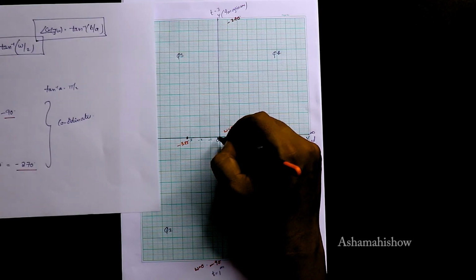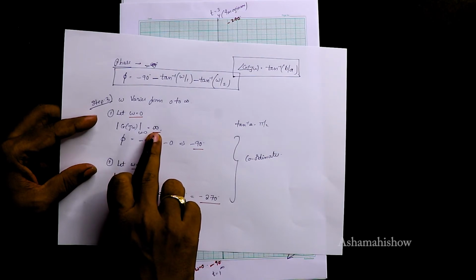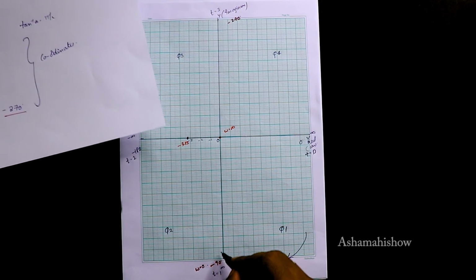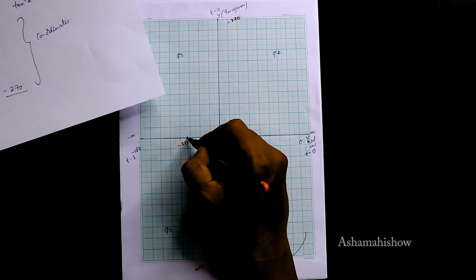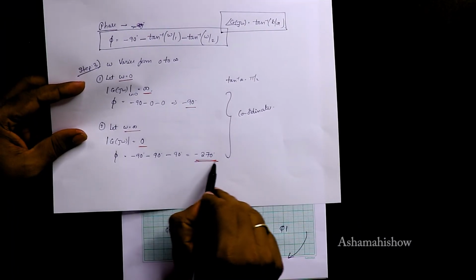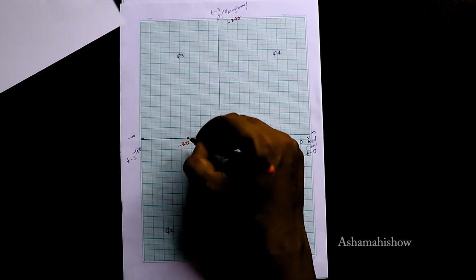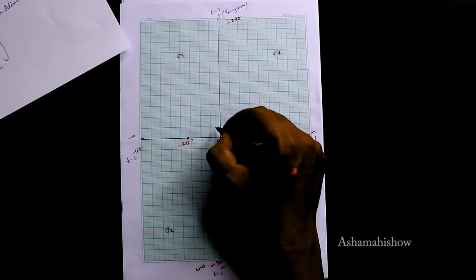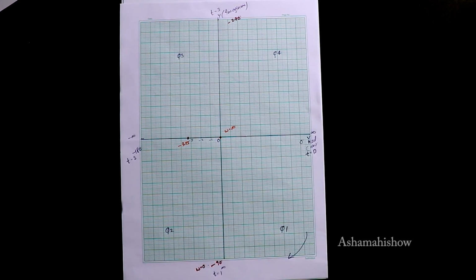I'm saying once again, please do remember, according to our coordinates, it starts at infinity at minus 90 degrees, it cuts the real axis at minus 3.33, and then it has to go till 270 and reach 0. So let us draw it.